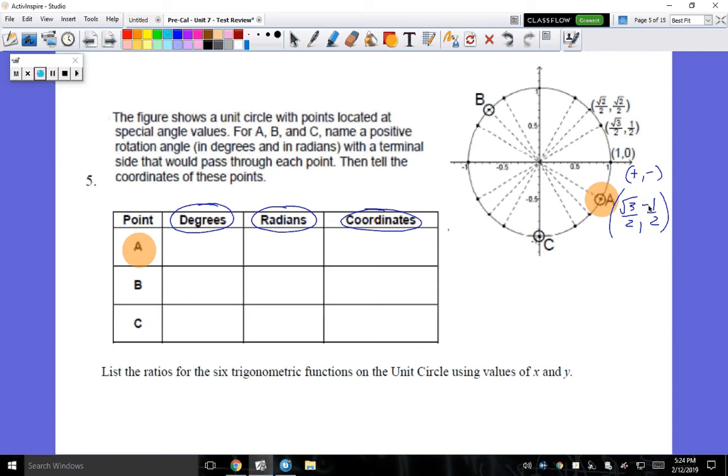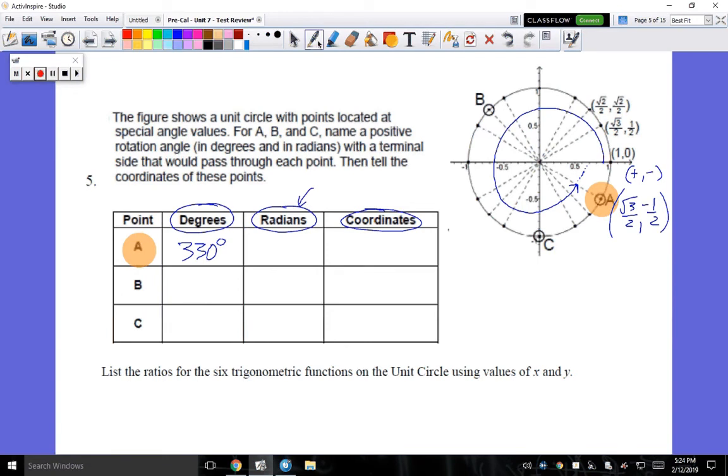So the degrees, we want to know how much did it travel to go all the way around and stop here, which we know of being short of a full rotation by 30 degrees. So this is going to be 330 degrees. And 330 degrees in radians, you can have it memorized from the unit circle.